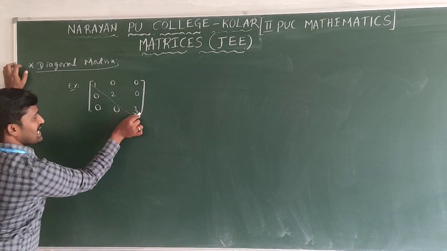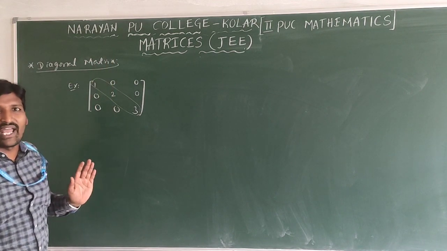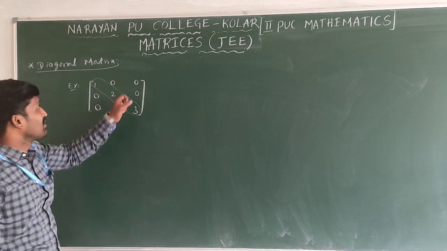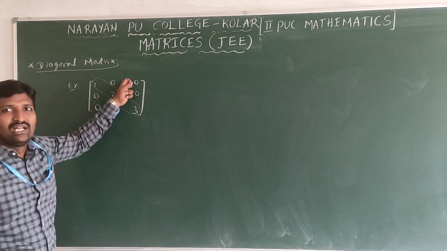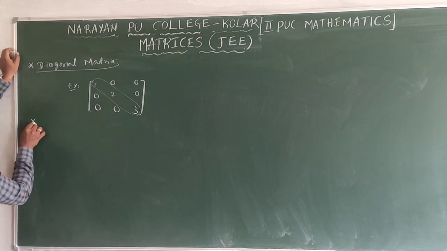Clearly these are the diagonal elements. Remaining all are called non-diagonal elements. A square matrix in which all non-diagonal elements are 0, that matrix is called a diagonal matrix.